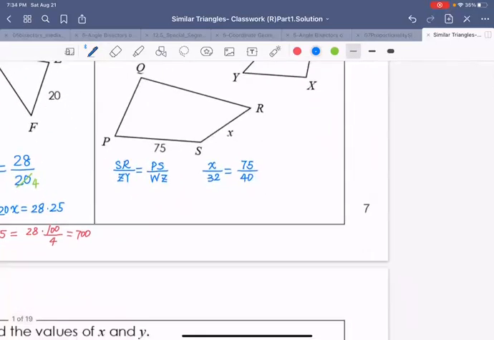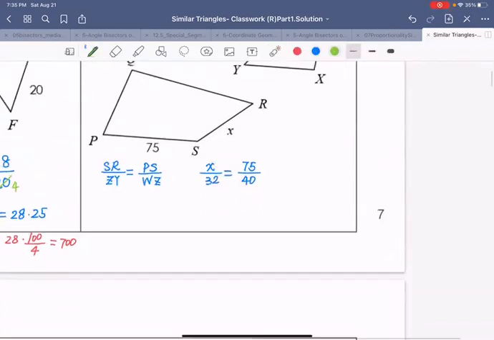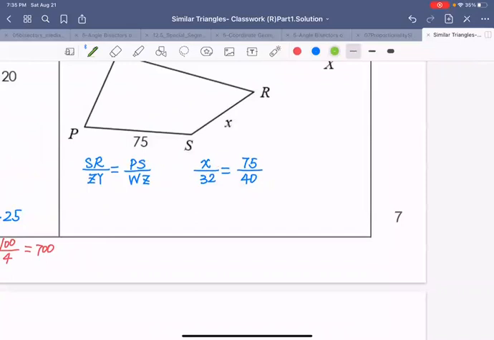Let's do the simplifications before we do the cross multiplication. 32 and 40. 32 is divisible by who? 32 is divisible by 8. Correct. Divided by 8 will be 4, right? This guy divided by 8 is how much? 5. It's 5.